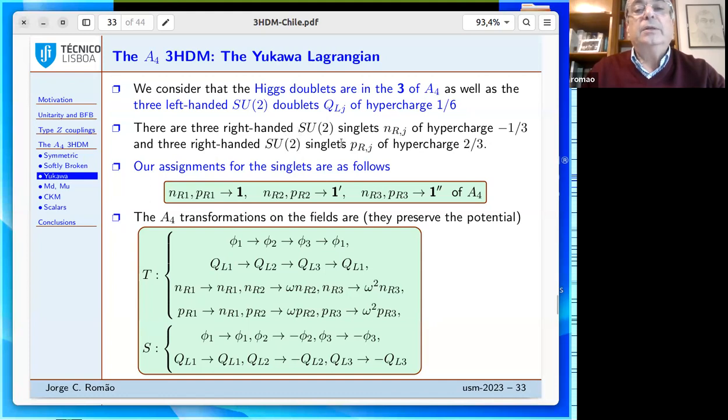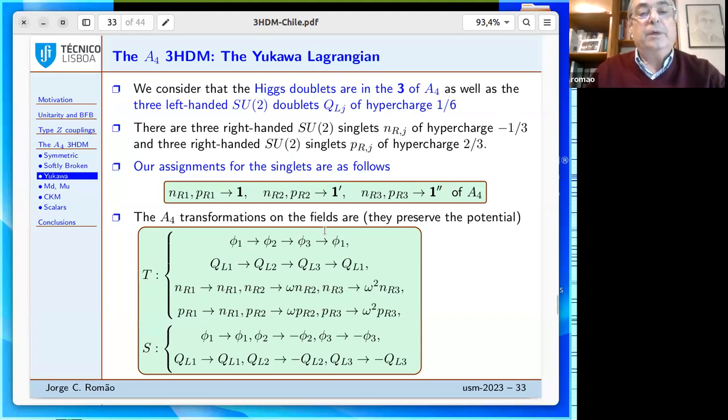As for the right-handed quarks, both the hypercharge -1/3 and hypercharge 2/3 ones are singlets, and you assign them in this way. I mean, the first family to the 1, the second family to 1 prime, and the third to 1 double prime, the 3 singlet representations of A4.